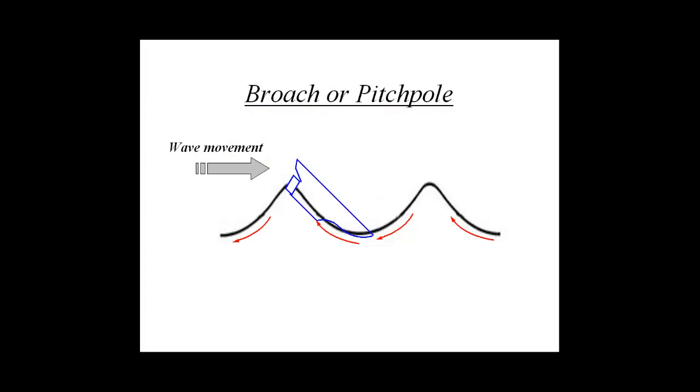Wave steepness and wave movement are an issue for a boat pitchpoling. Here we have an image of a boat sailing down a wave front, but recall that the surface water relative to the wave is moving in this direction.